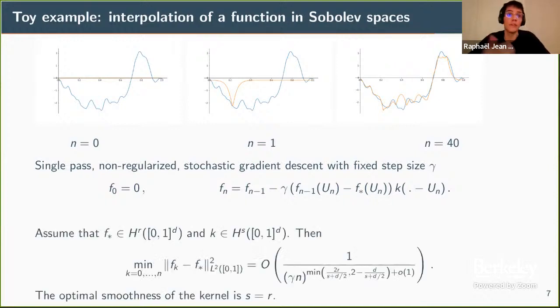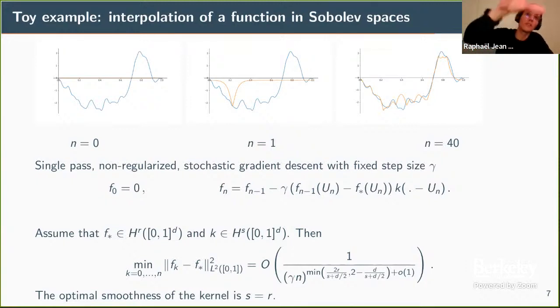So here is the result in that case. And here it will depend on the classical notion of regularity, which is Sobolev regularity. So if you assume that f star is in H^R, the Sobolev space of regularity R, and the kernel is in H^S, you get a certain rate of convergence of f_k to f star, which is polynomial, and the exponent depends on R, S, and the dimension.